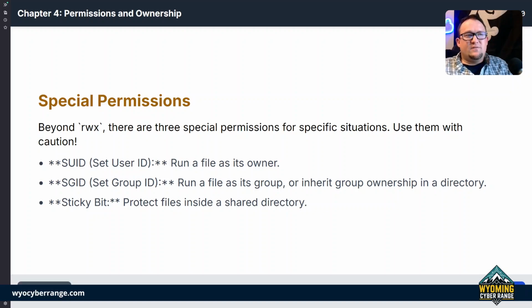There's a couple of different special permissions we can add to a file or a directory. Now we have to use these very cautiously. These can mess things up quickly and it's hard to troubleshoot. But if for some reason we want everybody else to be able to run this file as the owner, then we can use the set user ID.